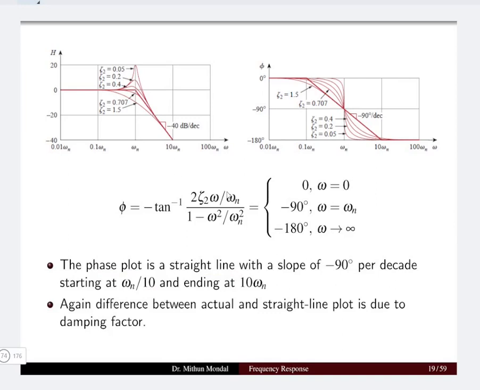Again, the difference if we see between the actual and the straight line plot is due to the damping factor. So the damping factor is the one which will decide the actual relationship between the approximate plot and the exact plot. So a little bit there will be a deviation, and that deviation is due to the values of the damping factor that will decide it.